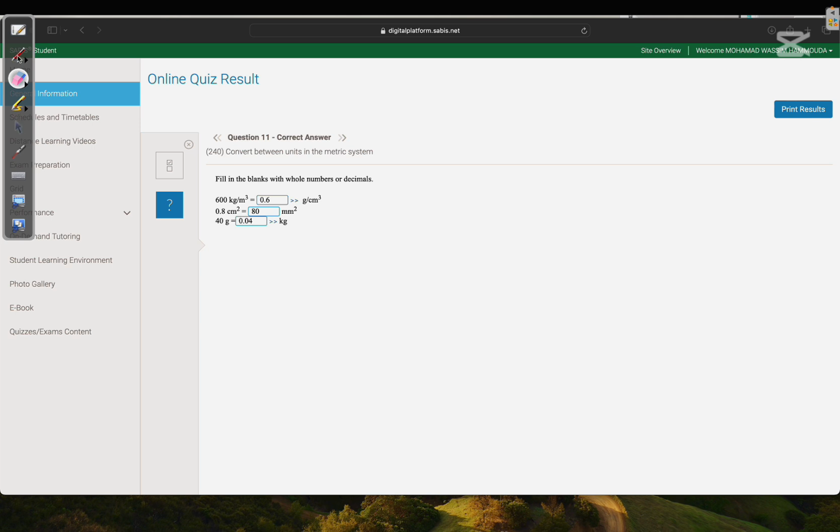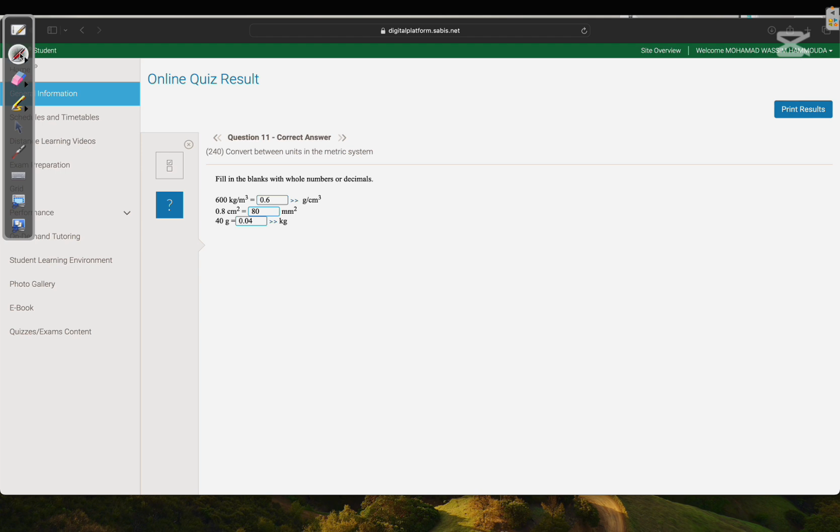Okay. 0.8 centimeters squared is how many millimeters squared? We know from centimeters to millimeters you do times 10. If we square both, it's 100. So 0.8 times 100 is 80. The last question is relatively easy.